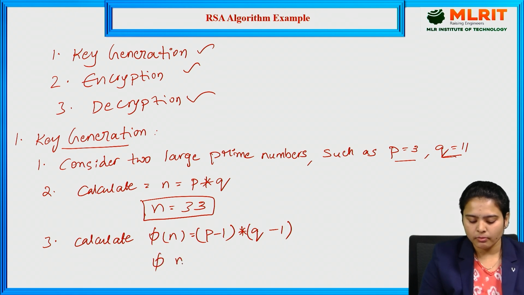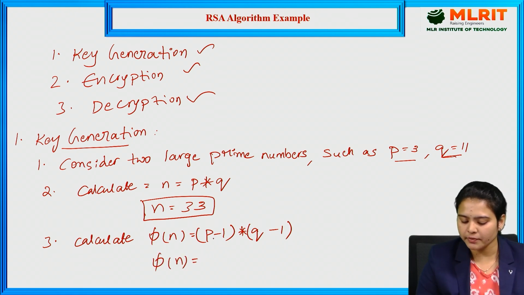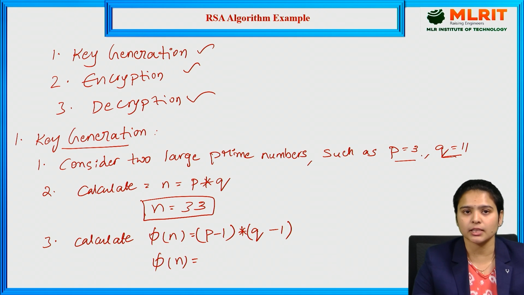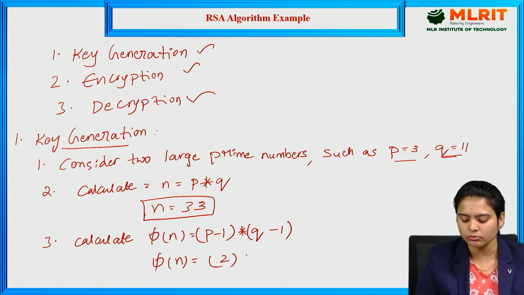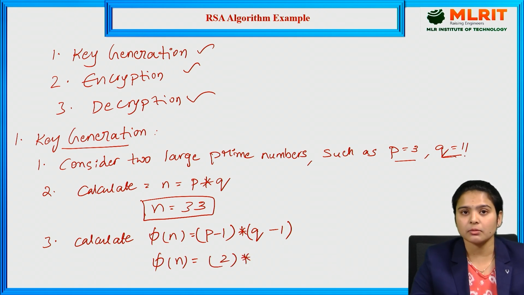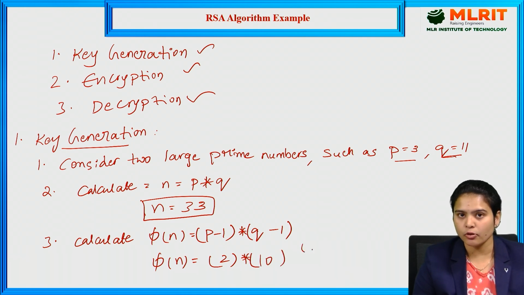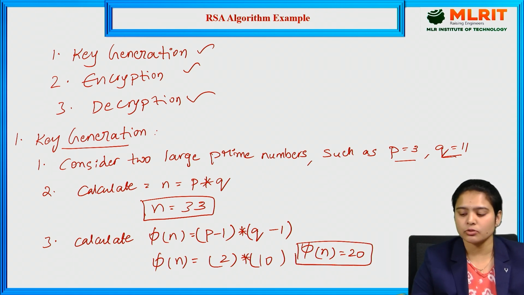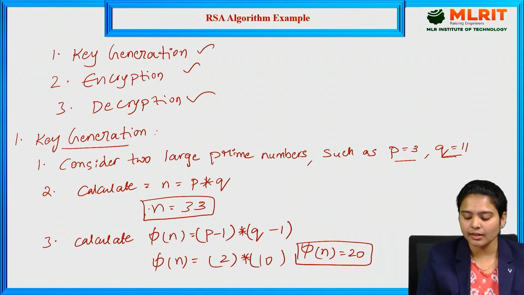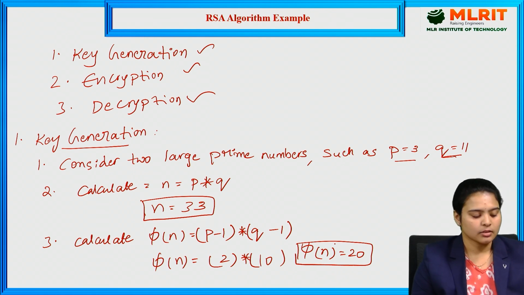We know P is 3, so 3 minus 1 is 2, into Q which is 11, 11 minus 1 is 10. So the value of phi of N equals 20. So we have got the values of P, Q, N and phi of N.